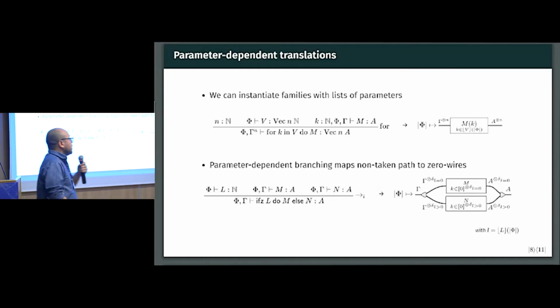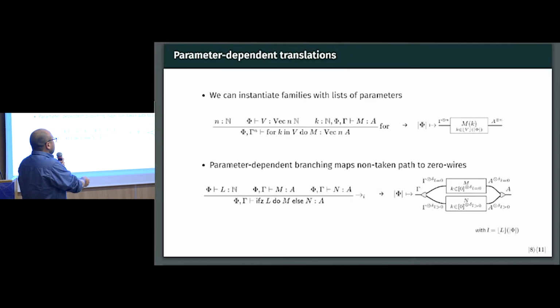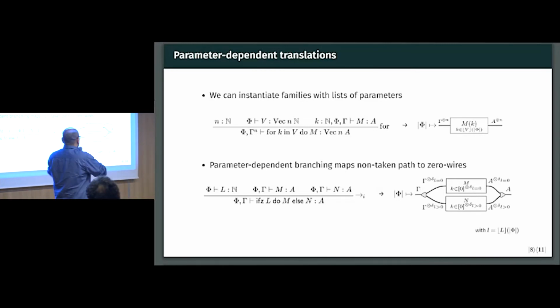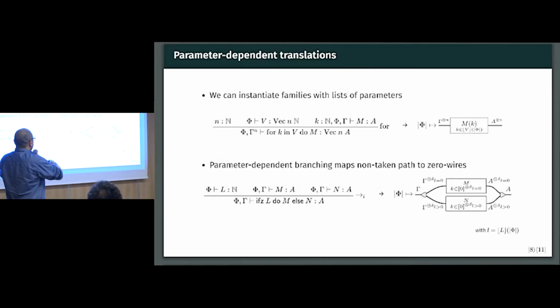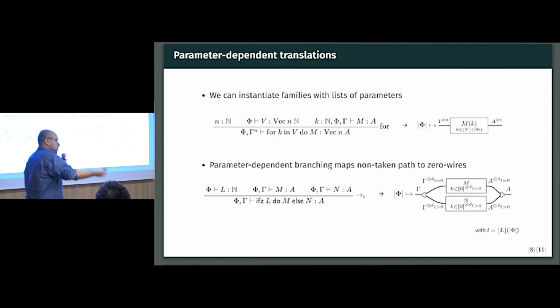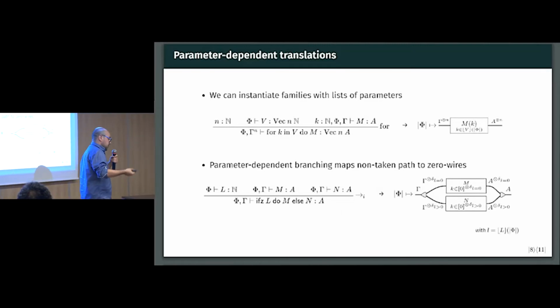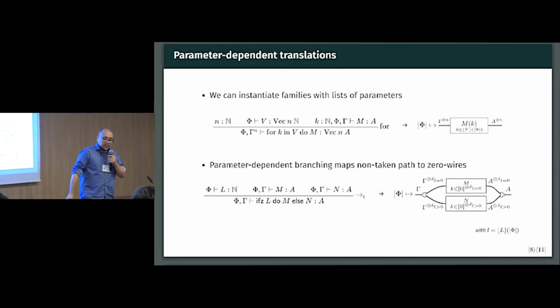Now, here we define a list instantiation operation, which basically copies the length of this list diagram, and for each copy, it passes the element of the vector as an argument.